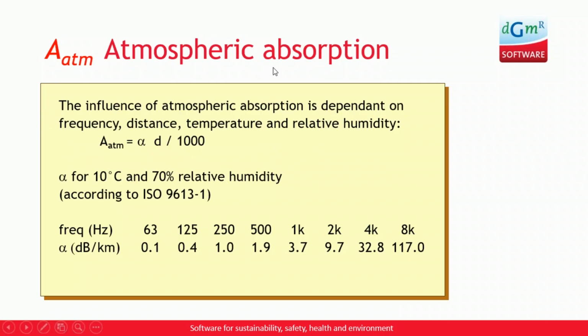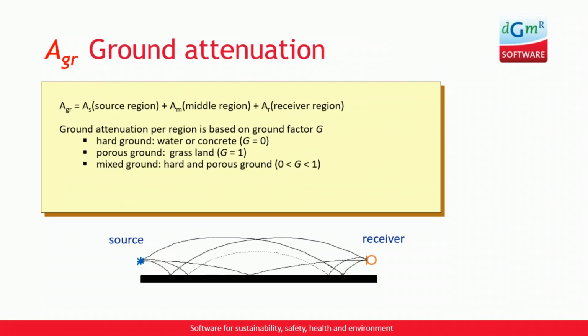Atmospheric absorption depends on the frequency: not so much absorption in the lower frequencies, more absorption in the higher frequencies. Then you've got the ground attenuation based on the source, the middle, and the receiver region. And then you have to know the reflection factor: if it's hard ground, porous ground, or mixed ground. In Predictor, you can define your ground factor per ground region.